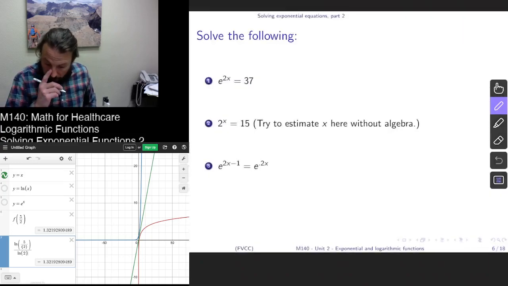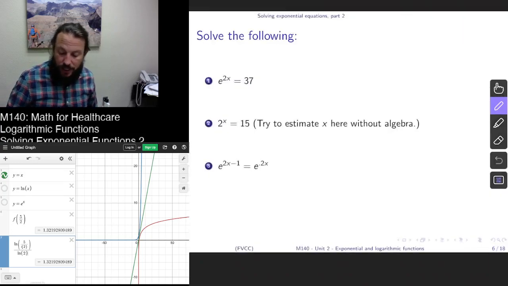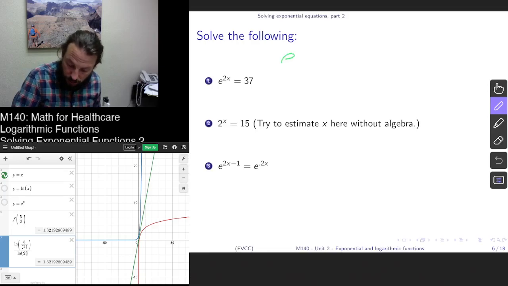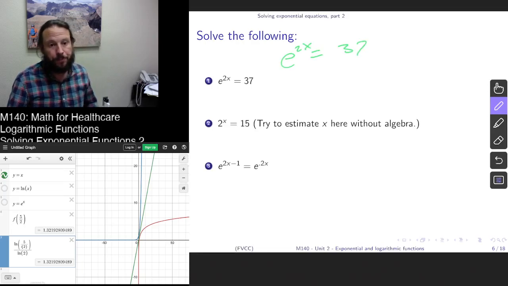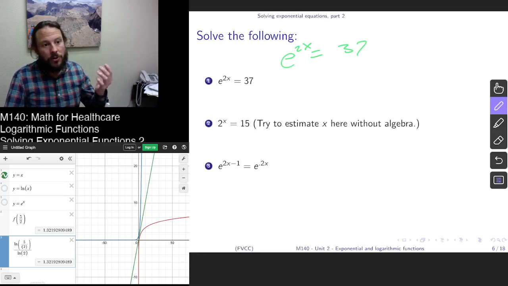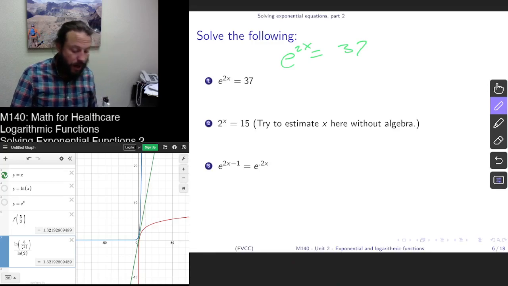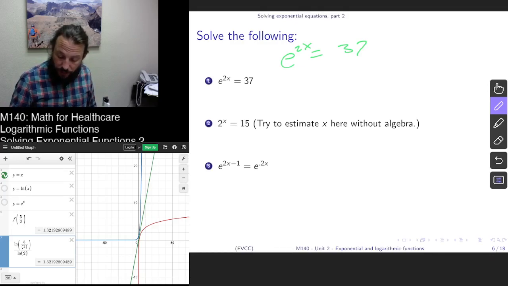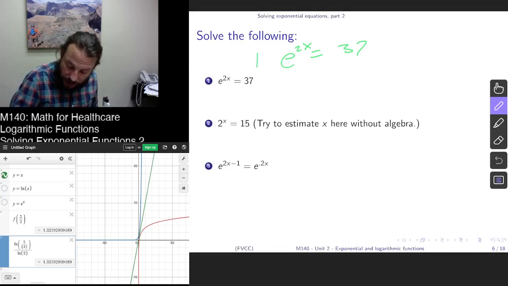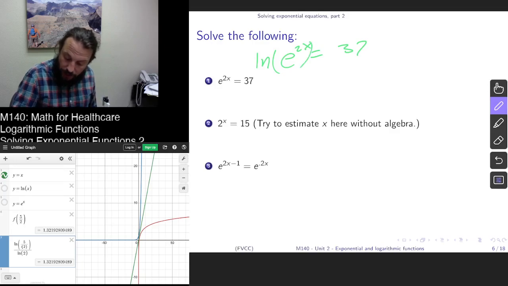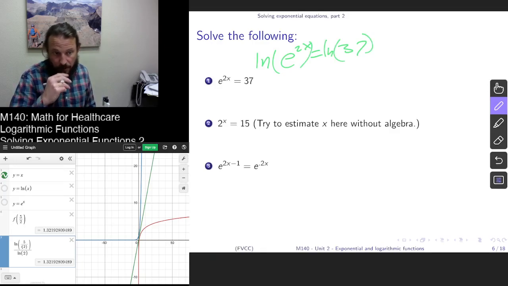Okay, so for instance here, I have e to the 2x equal to 37. If you recall, this was something we had when we started with logs: how do we get things out of the exponent? Well, now we know how to do it. Here, this works out evenly. I could take the natural log of both sides, natural log of e to the 2x. As long as I do it to one side, I can do it to the other.